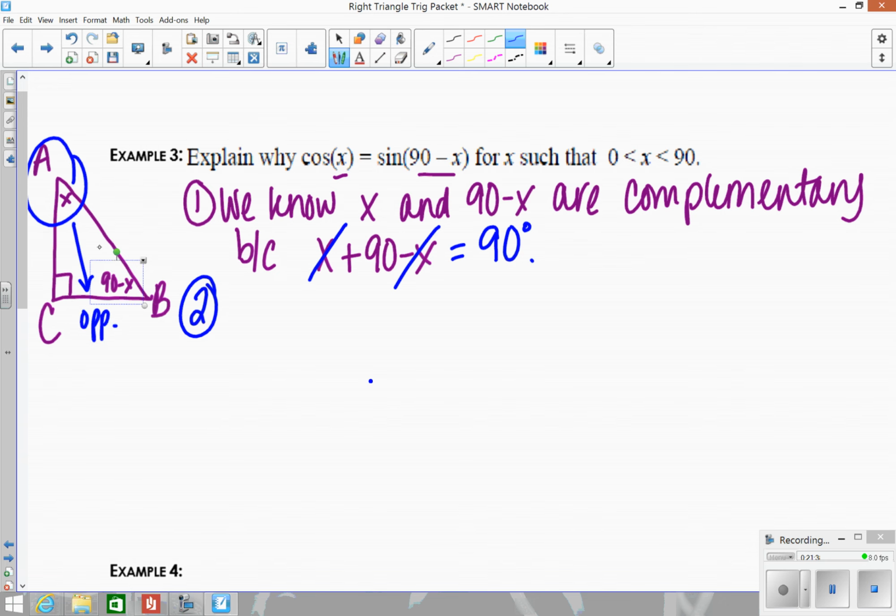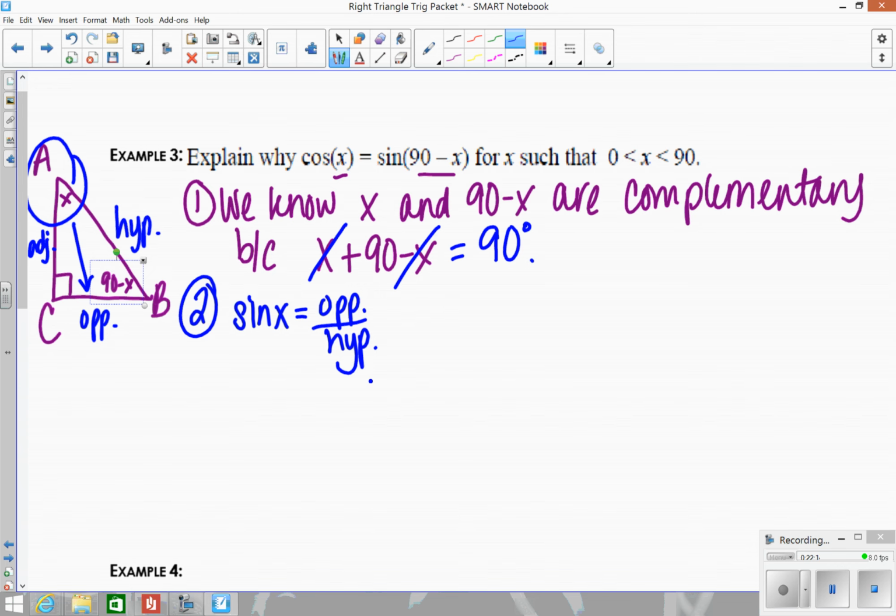The hypotenuse will always be across from C. And then the adjacent will be this side right here. So if I look at this first situation, I know that sine of x is going to equal opposite over hypotenuse.